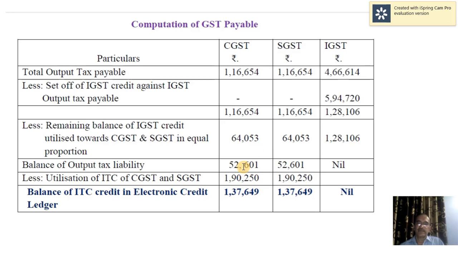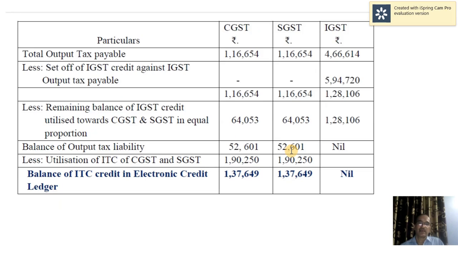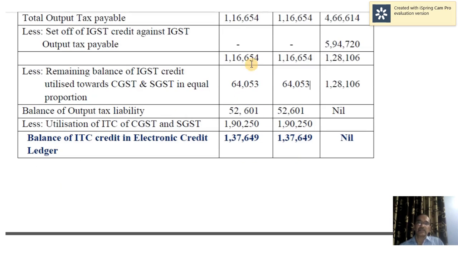Okay, so 64,053, these are the amounts we got by dividing 1,28,106 equally. Okay, the balance CGST after set off of surplus IGST is 52,601 and SGST is 52,601.